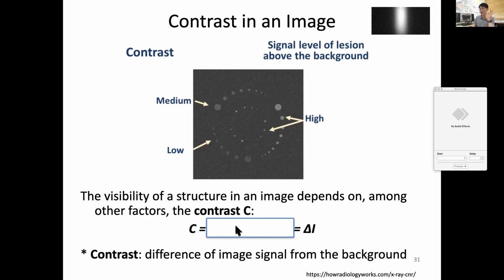And you can define contrast as the difference between signal and background, so it's delta I. I have to say, if you look through some other textbooks, contrast may be defined differently. In fact, a year ago I defined contrast differently, as a ratio of delta I with respect to the signal level I. But I changed my mind because this makes more sense to me in the end. Nothing's absolute, but you can choose what definition makes more sense to you.